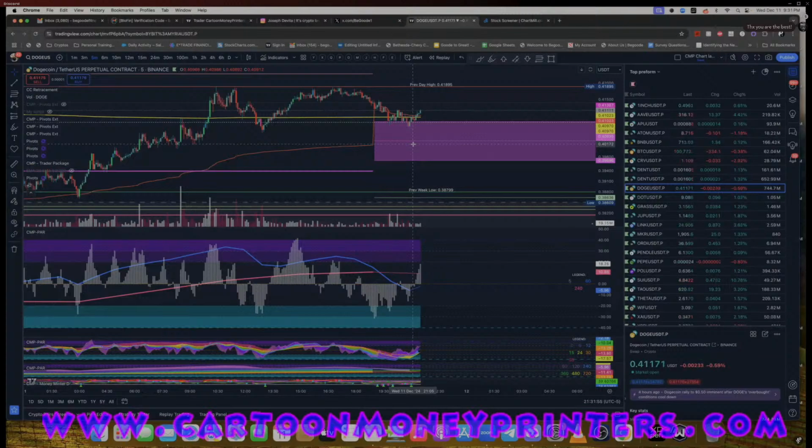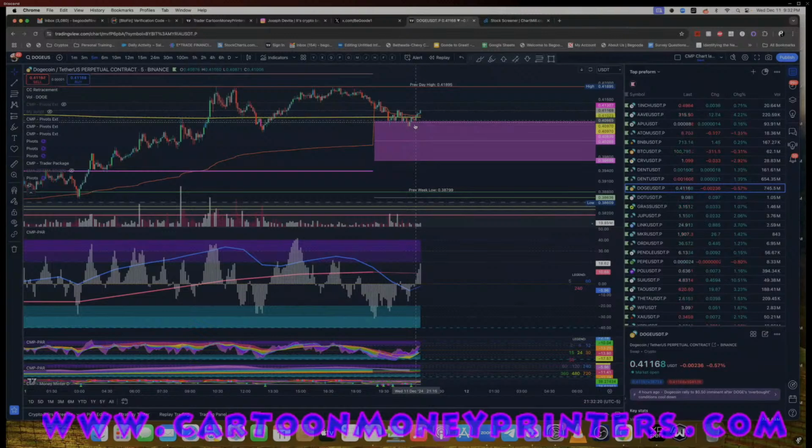I said Doge is the entry, like right now. Not financial advice. Ideally, this 5-minute close right here was your signal, and that was at 409.78 on Doge. It's a little bit higher now.